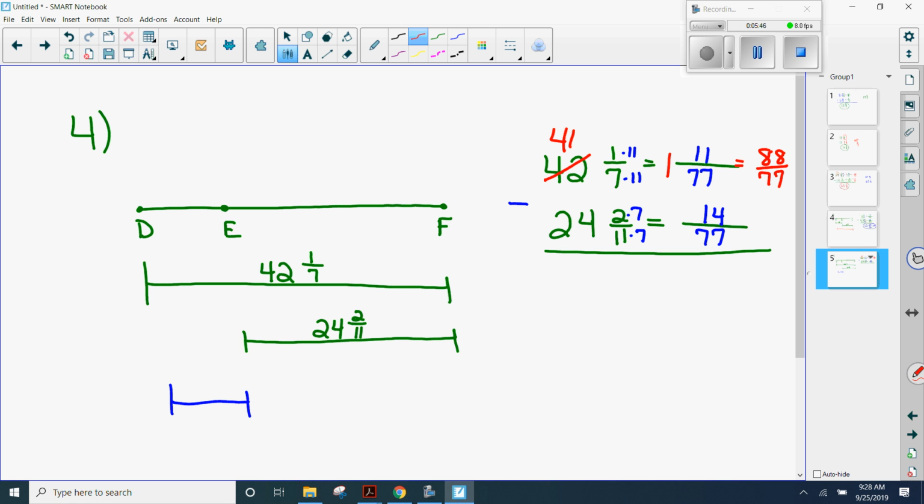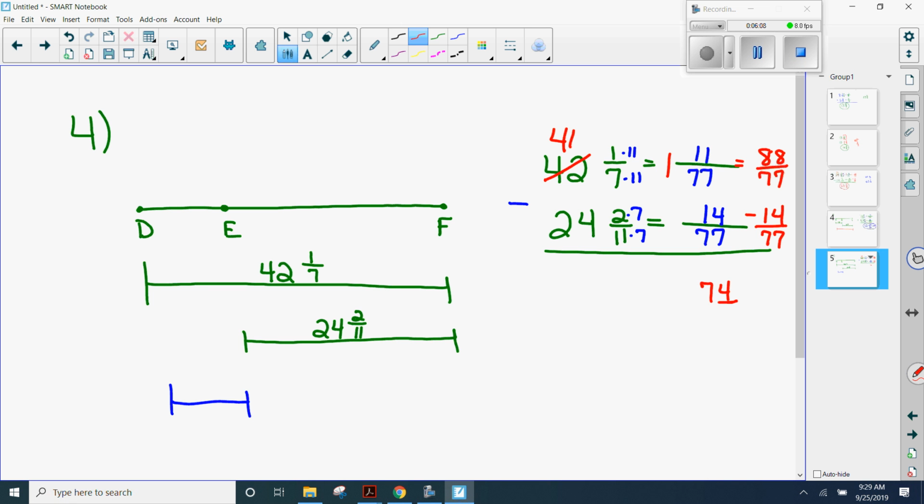It's 77 times 1 plus 11. So 88 over 77 minus 14 over 77. I had 11 pieces and I brought over 77 more with a whole, right? If you subtract those, what do you get?